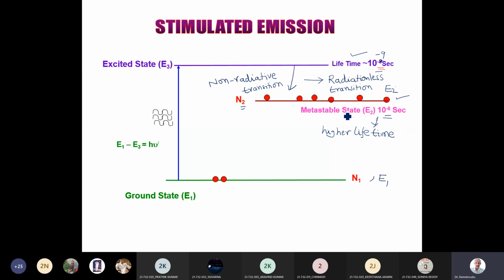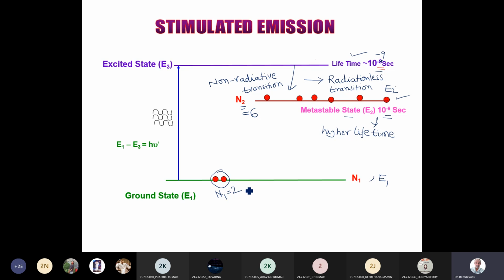Now if you compare E1 and E2, E1 has only 2 atoms here. That is, N1 is only two atoms. If you see here, 1, 2, 3, 4, 5, 6 are there. Now N2 is 6 atoms. That means the population, or the number of atoms in the higher energy level E2, that is N2, is higher than the number of atoms in the lower energy level, which does not generally happen because it is not a stable state.